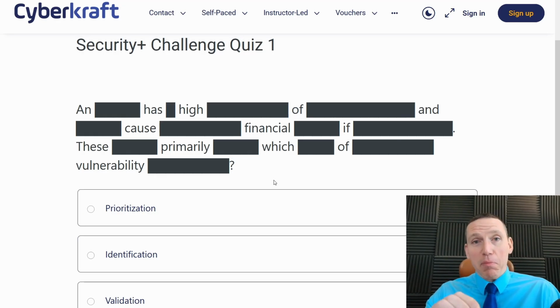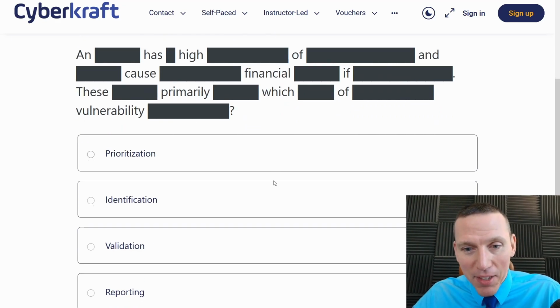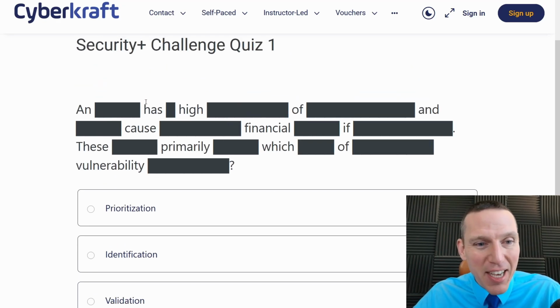Now, if we're filling in a blank and the fill in the blank was blanked out, that's really a mind bender, isn't it? All right. Something has a high blank of blank, and blank cause, blank financial. So it's going to cause some financial harm if exploited, maybe. So these blank primarily, which of blank vulnerability?